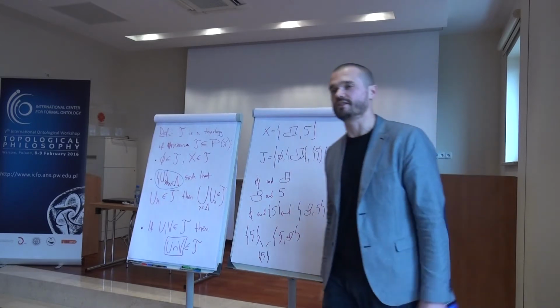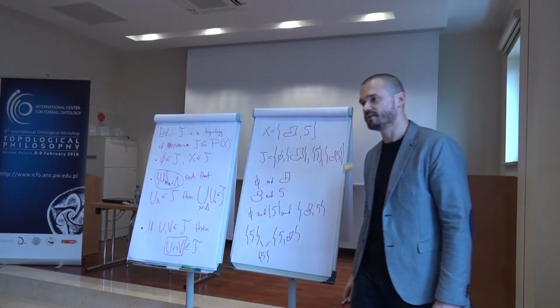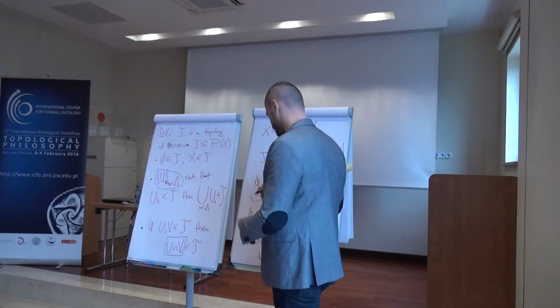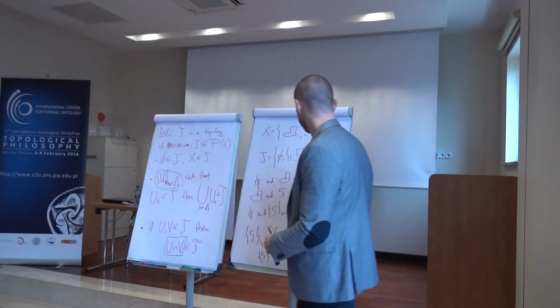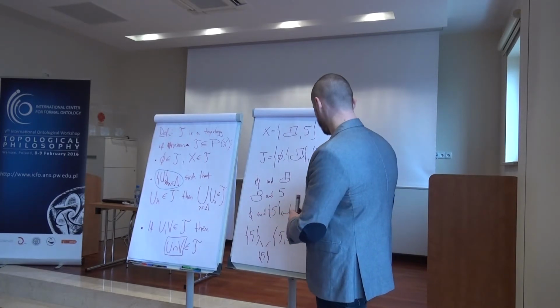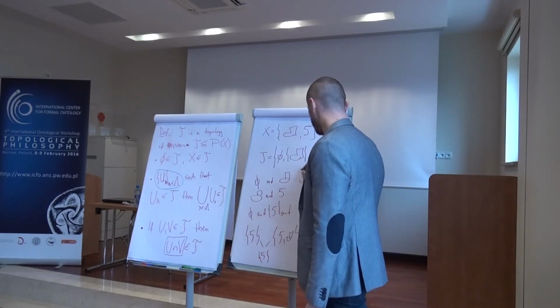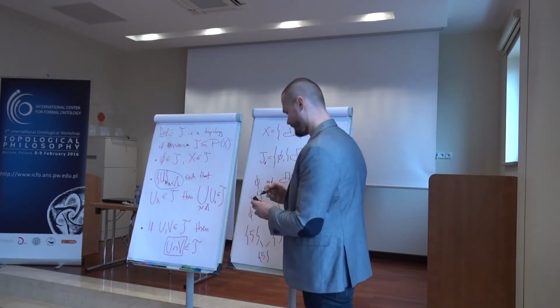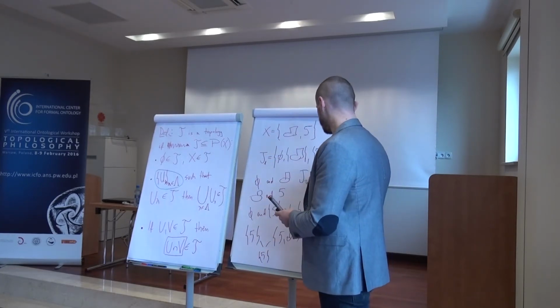Now, but there are others. Empty set and X. Very well. So let's consider it. Maybe we will put it in blue, okay? So that was the first example. And now the second example.